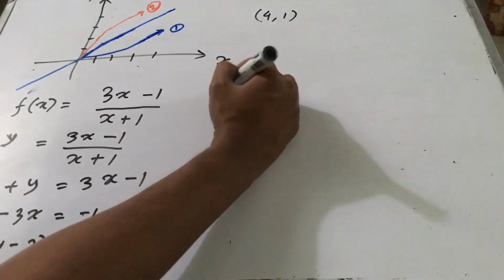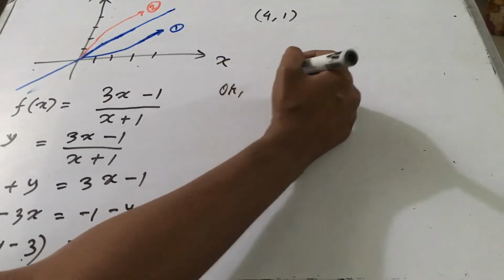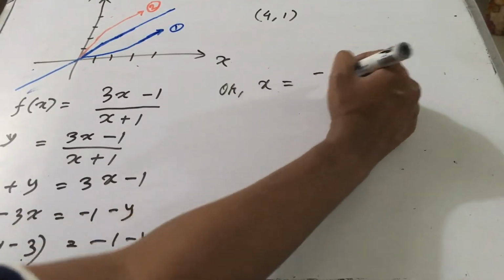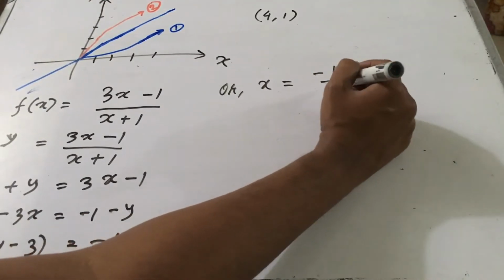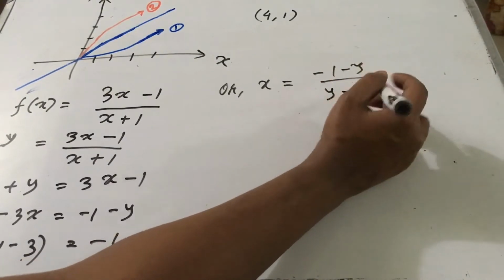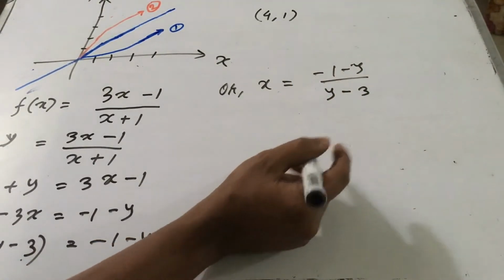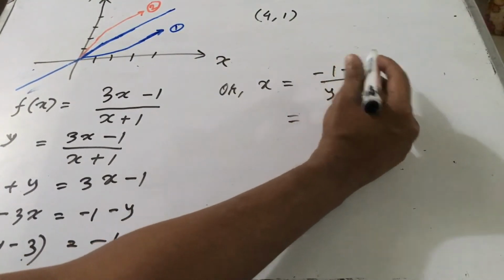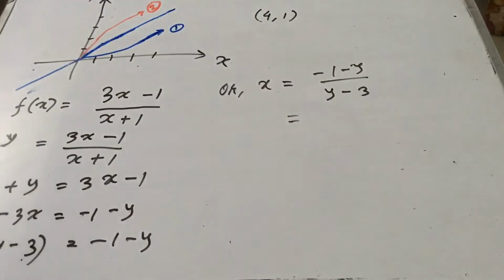Then we can write x equals (minus 1 minus y) divided by (y minus 3). It looks kind of odd, so we will multiply up and down by a minus, because both are negative.